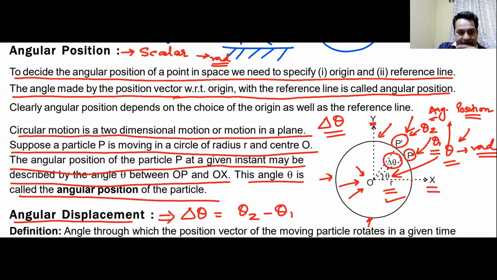Okay, I'll give you time to write it. Same thing, one is angular position, one is angular displacement. First write angular position, I'll give you a minute.